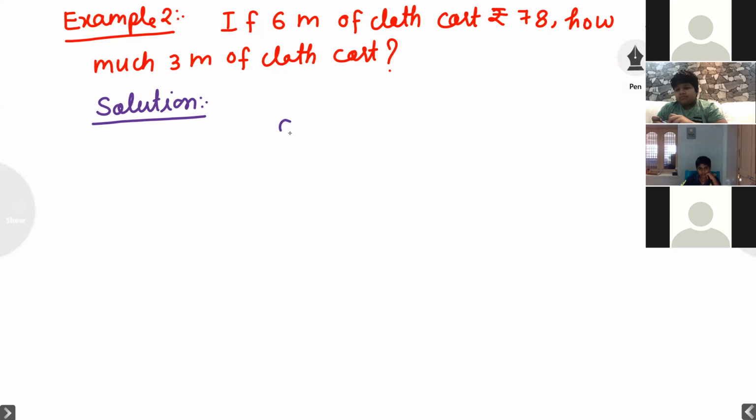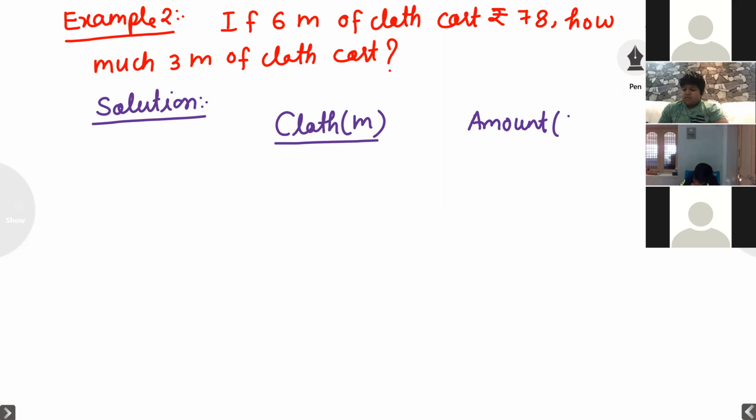One side is cloth in meter. Second one is amount in rupees. 6 meter cloth, 78 rupees. 3 meter cloth, X rupees.